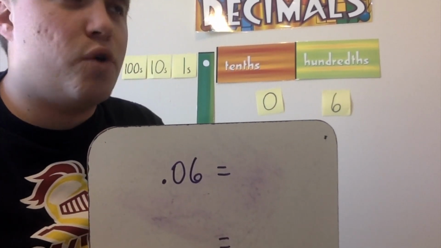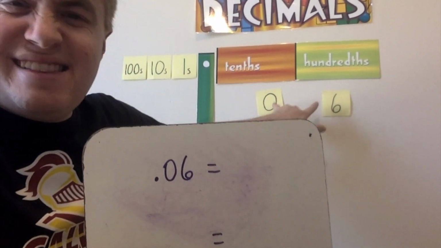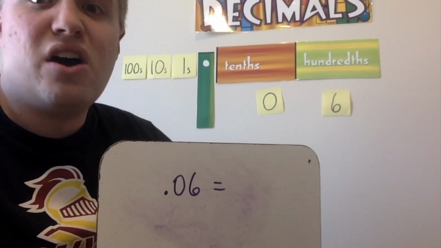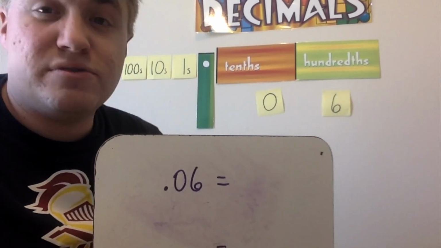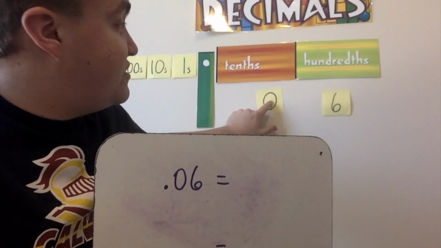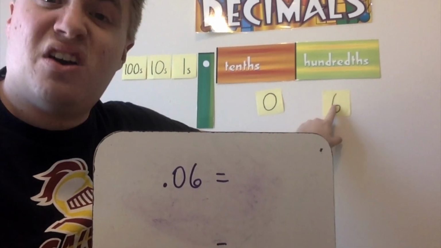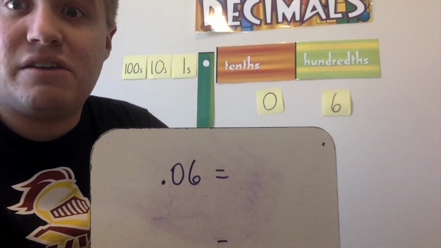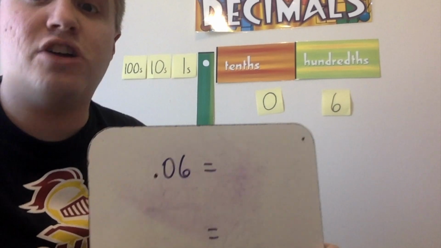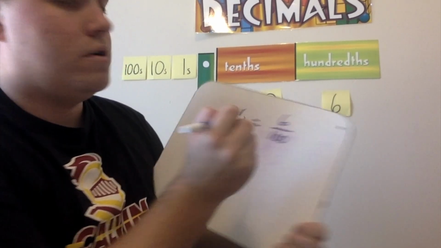It's not 6 over 10, because I know that this is not 6/10 here. This is 6/100ths, okay? Since my hundredths place value is being used, and my 0 is just telling me simply that I have 0/10. I don't have any tenths, but I do have 6/100ths. Well, again, I just write it down as I read it as 6/100ths. So I put a 6 over 100.